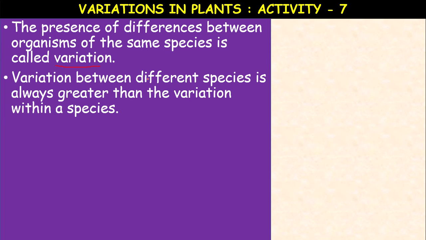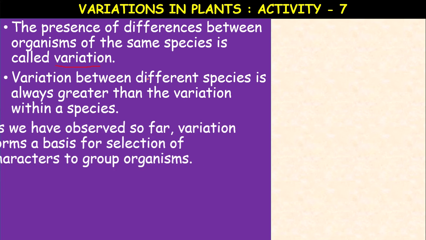Okay, if you take a banyan tree and a neem tree, there are many variations, many differences. Here we have considered two neem plants, so the variations are very few. The variations between different species are always greater than the variations within the same species.